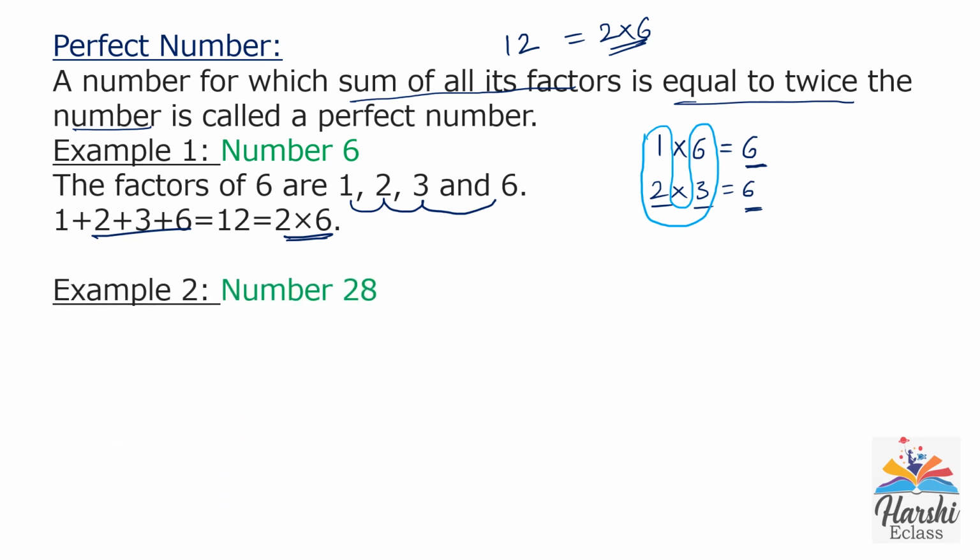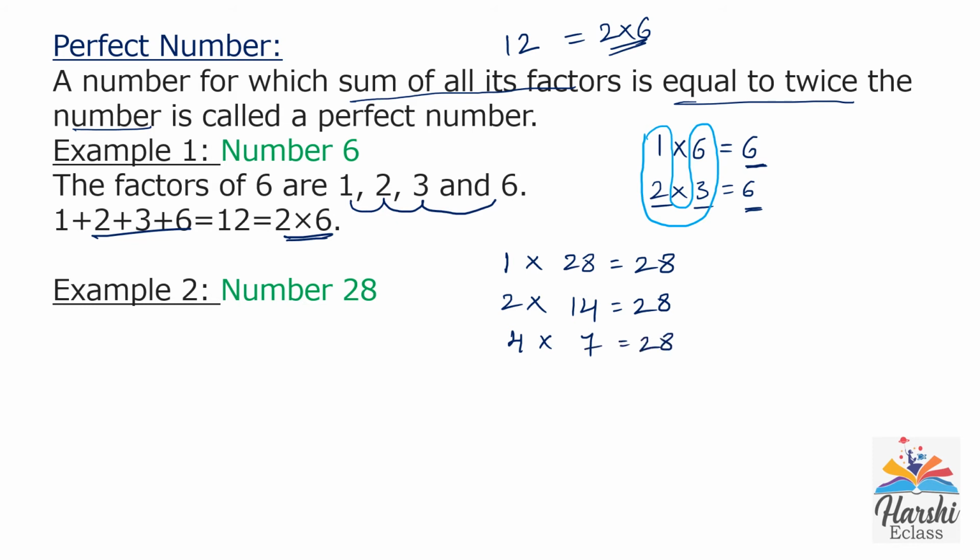Example 2. Number 28. First write the factors of number 28. Starting from 1. 1 twenty-eight is 28. 28 is an even number, so it is completely divisible by 2 also. 2 fourteens are 28. In the 3 table, 28 is not going to come. 4 sevens are 28.